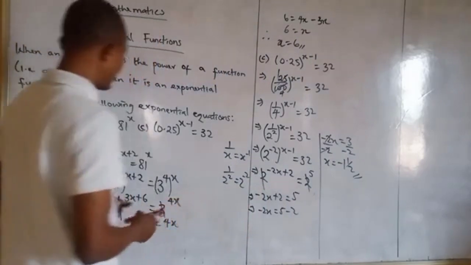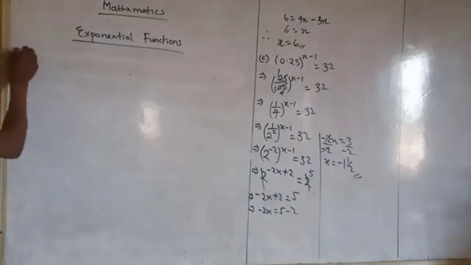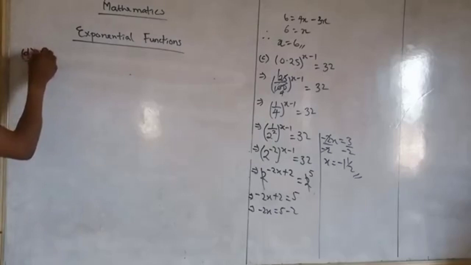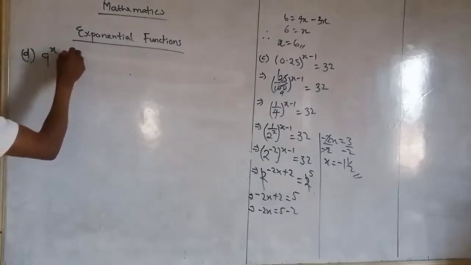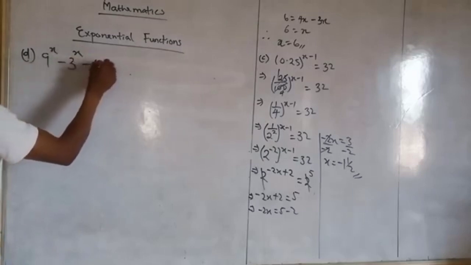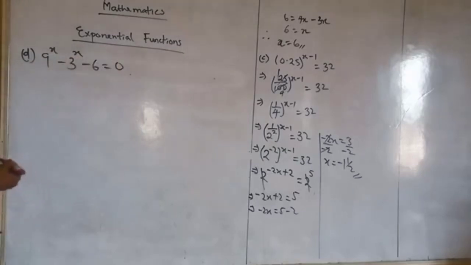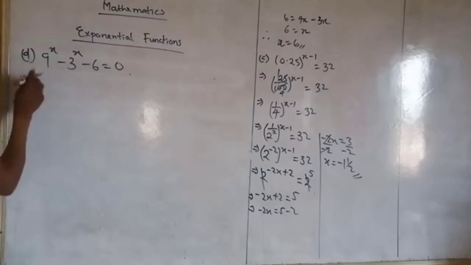Then the last question, D. 9 to the power of x minus 3 to the power of x minus 6 equals 0. So 9 can be written in power of 3.